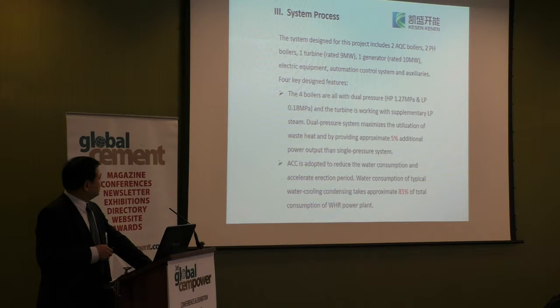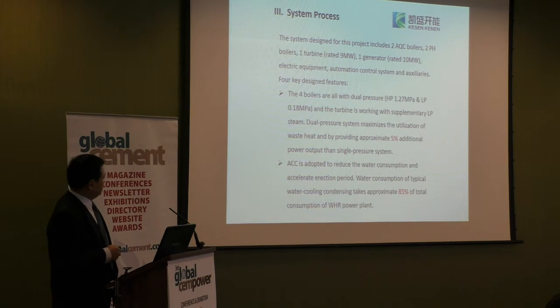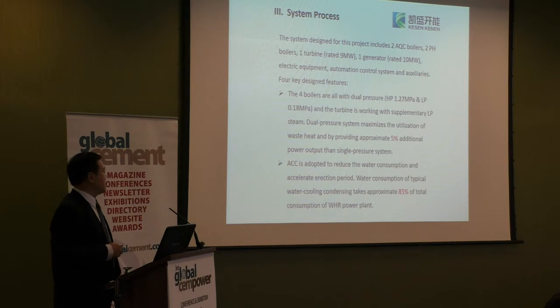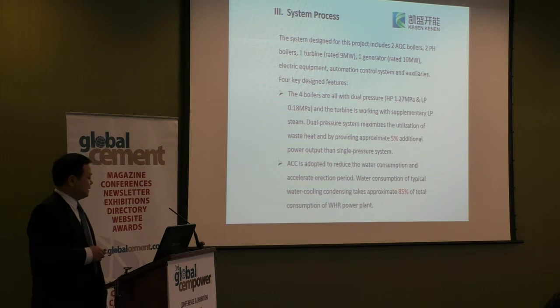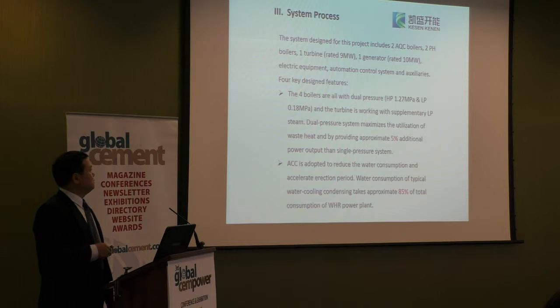System process. So this system we designed includes 4 boilers, 1 to 1 generator set. The generator set is rated at 9 megawatts. It uses an ACC condenser. The calculated output is 8.5 megawatts against an ambient temperature of 27 degrees C. But we give them 9 megawatts, so we have margin for this system.